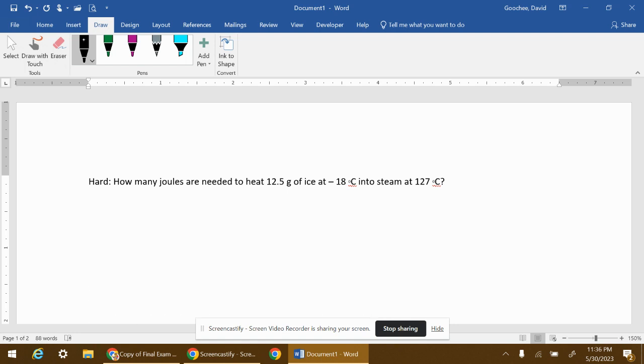So 12.5 grams of ice at negative 18 Celsius turned into steam at 127 Celsius. You would need to figure out the energy it takes to warm the ice from negative 18 to 0. Then the energy it takes to melt the ice.